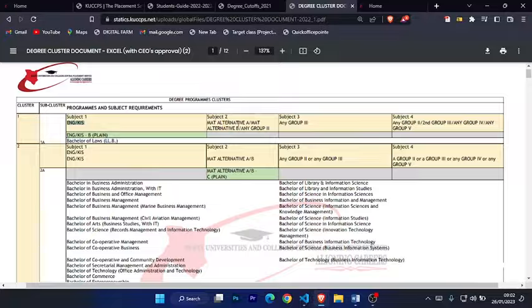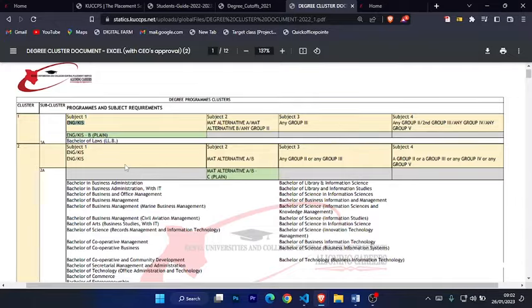Subject 2, you have to have either mathematics or an alternative in group 2. That's physics, chemistry, biology. You also require a subject 3. Now you can go picking the others that you have passed, the ones that you have good grades.